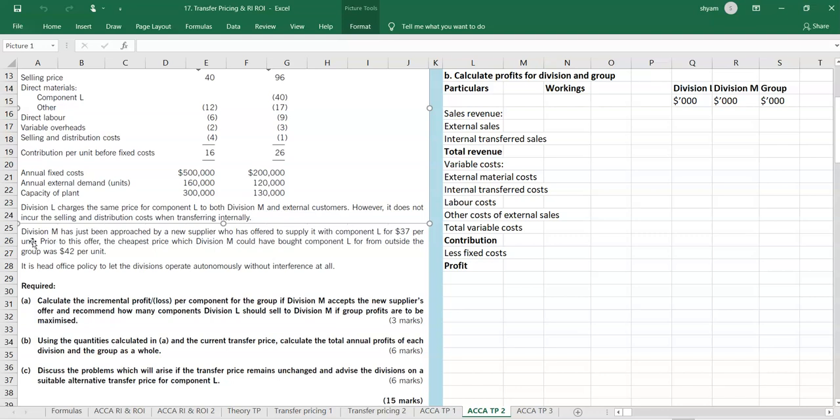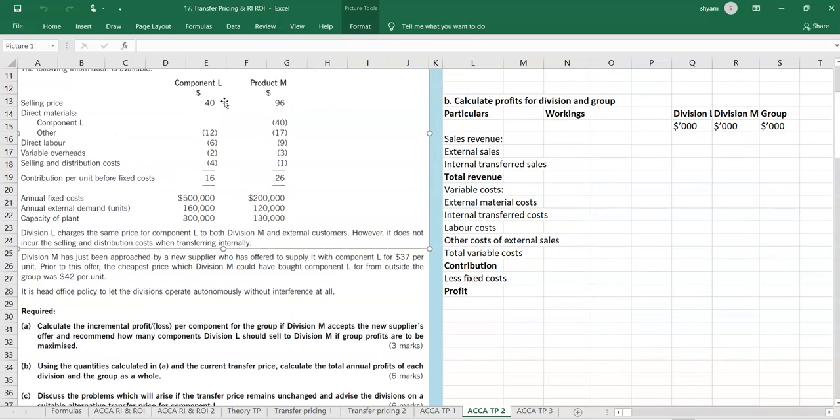Division M has been approached by a new supplier who has offered to supply it with component L for $37 per unit.